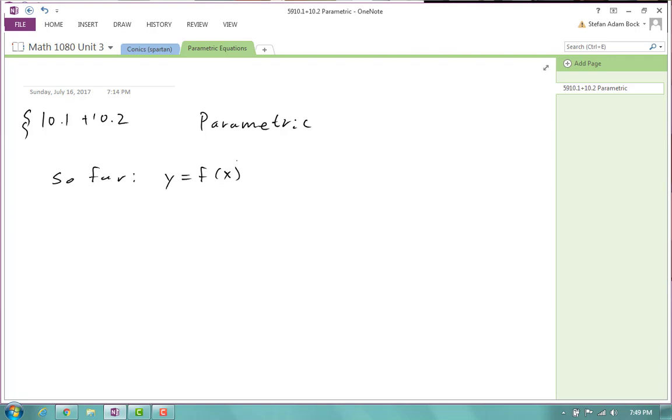Or, in particular, we've had section 3.5, which is implicit differentiation. We found out how to do derivatives on functions which are not necessarily given as a function of x, but how do we deal with integrals on those kinds of functions?